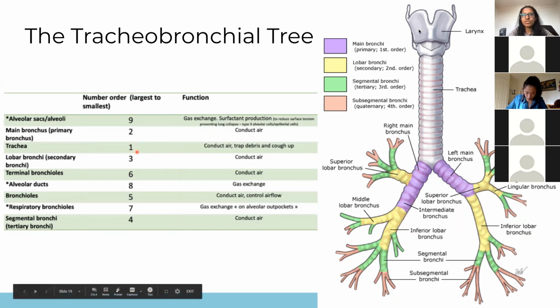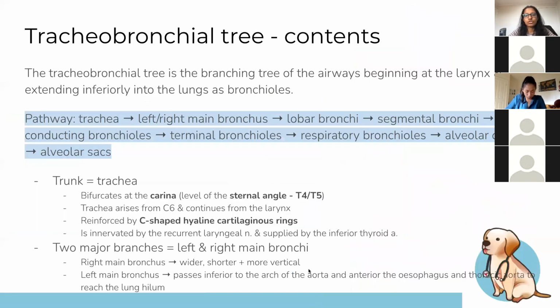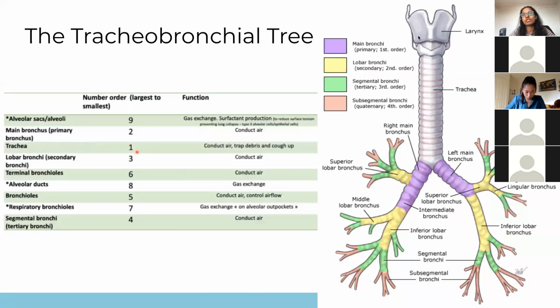Although it starts at the larynx, the very first thing that's really important in respiratory anatomy is your trachea. Your trachea arises from C6 and is continuous with the larynx. Here's your larynx and here's the trachea, coming out around C6. This whole thing is around 12 centimeters.